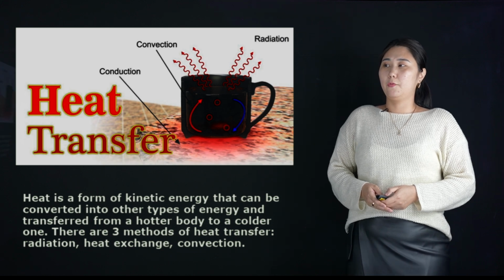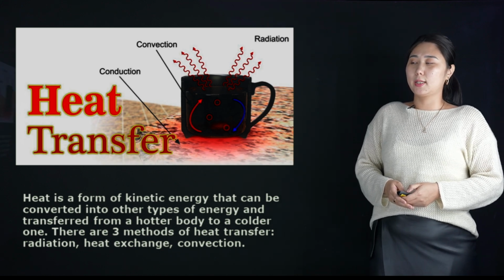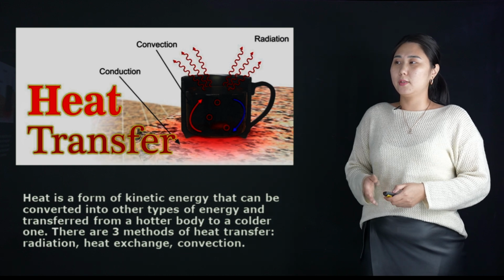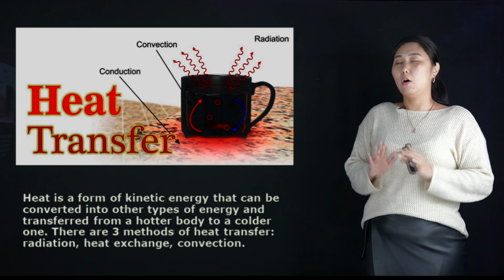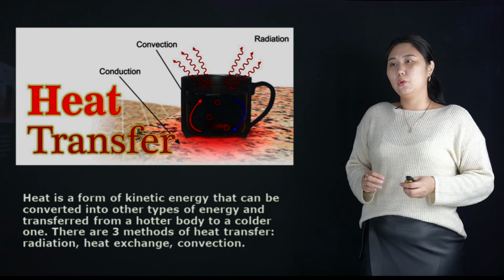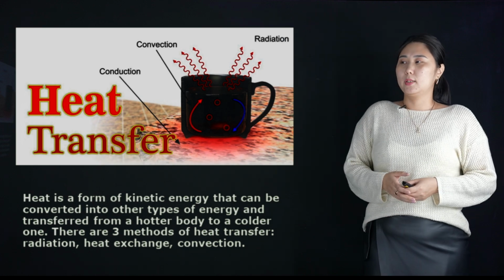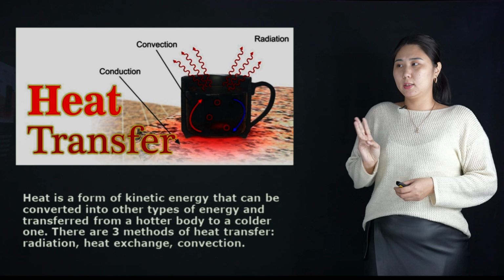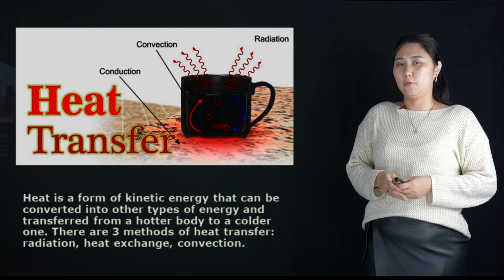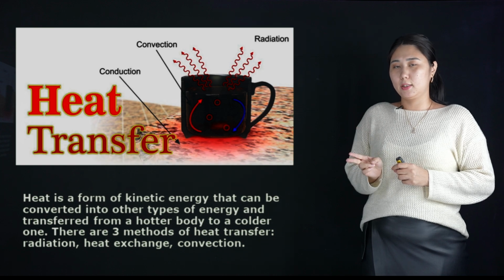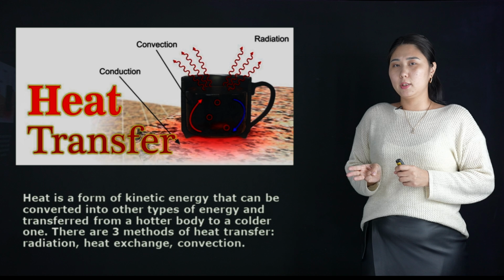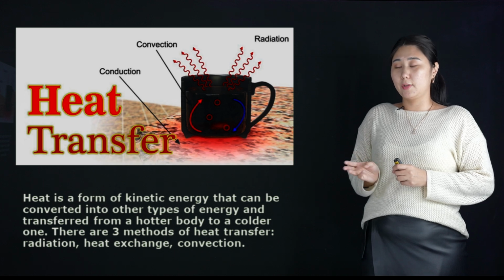Heat is a form of kinetic energy that can be converted into other types of energy and transferred from a hotter body to a colder one. There are three methods of heat transfer. First is radiation, second is heat exchange, and the third is convection.